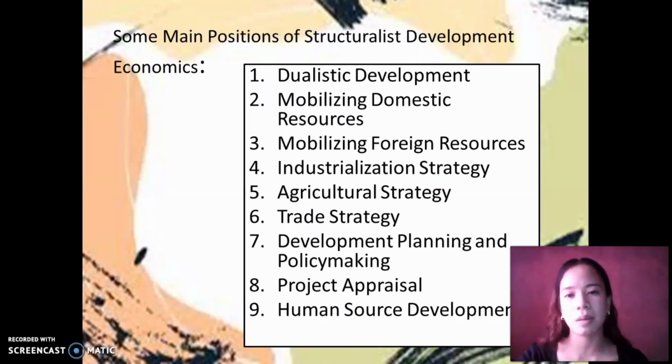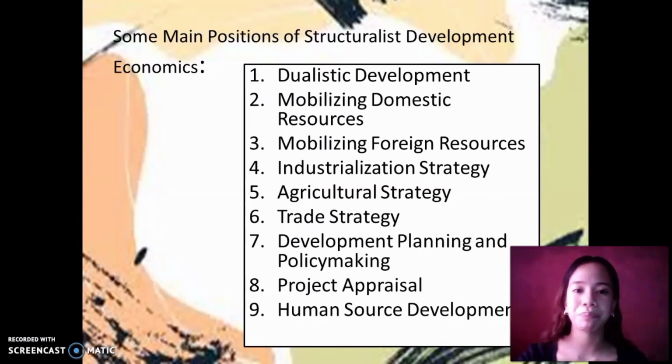The second one is mobilizing domestic resources. It is the idea of finding ways of increasing the savings rate and mobilizing domestic savings, of course through banks and other financial institutions, making domestic funds available for productive investment in poor countries.